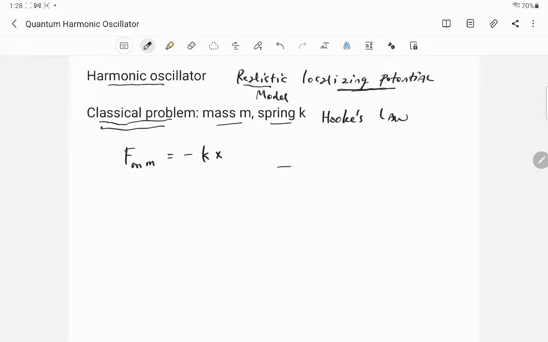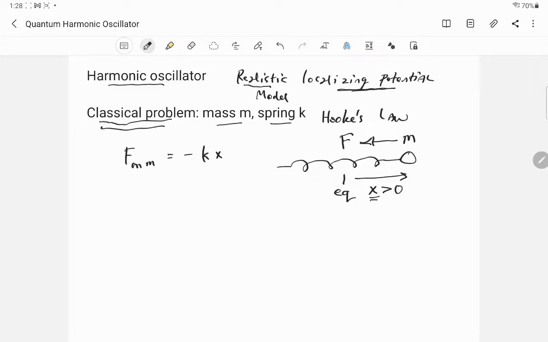And so the idea is if the mass m is over on the right-hand side of an equilibrium, we'll say that this is a positive value of displacement from the equilibrium, and this particle is experiencing a restoring force. So the minus sign is for restoring or localizing.